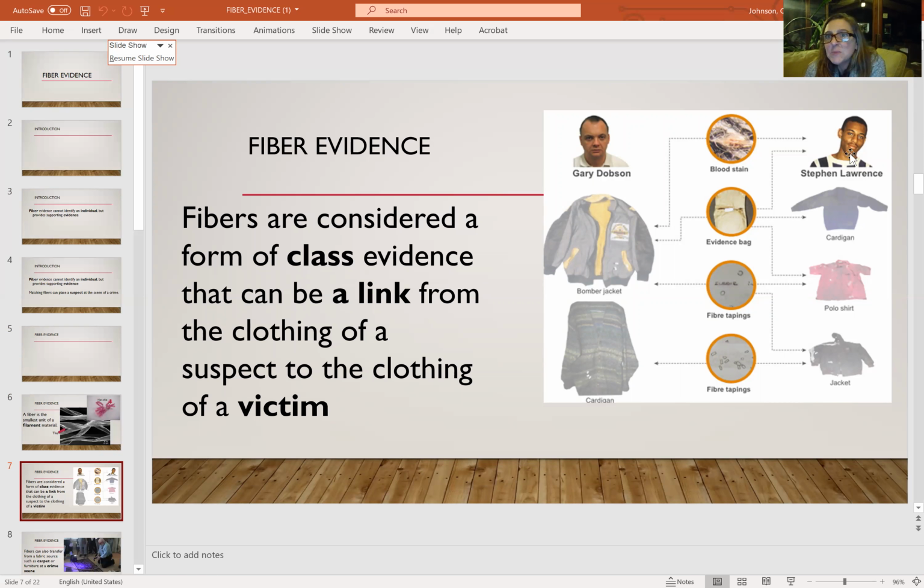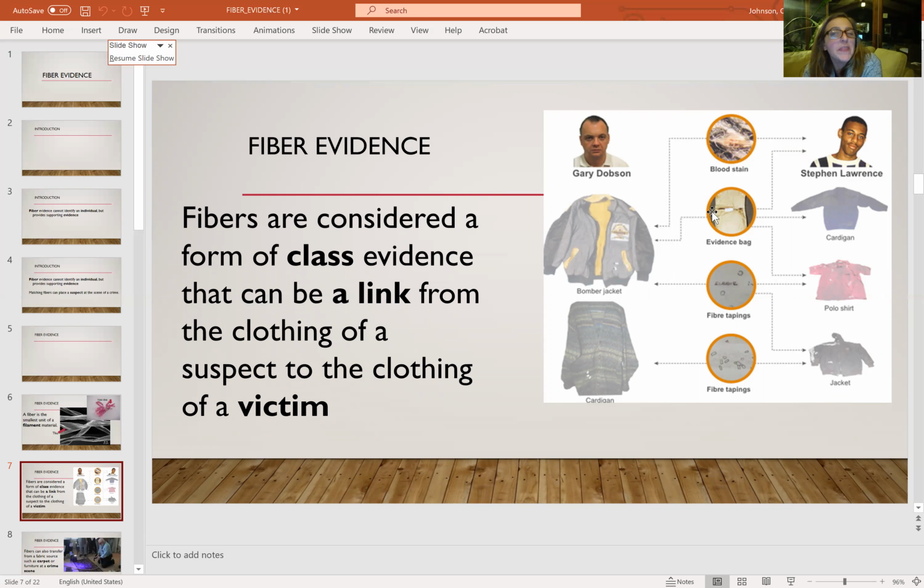So looking at this picture, if we look at this guy, Stephen Lawrence, possibly there could be a blood stain that matches his blood could be found on the bomber jacket of Gary Dobson. And that would link those two together as class evidence. Well, a blood stain would contain DNA.